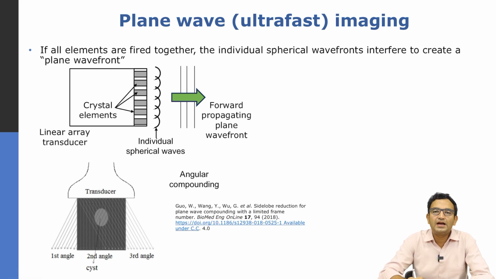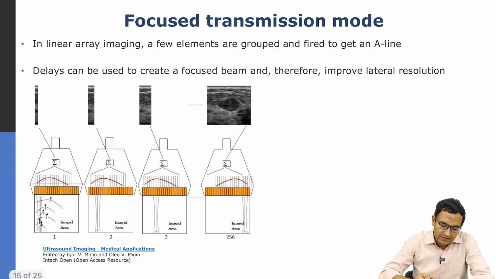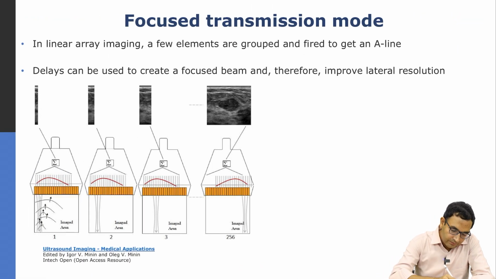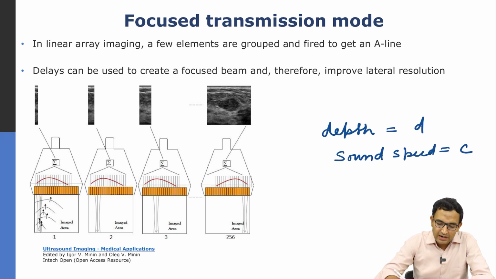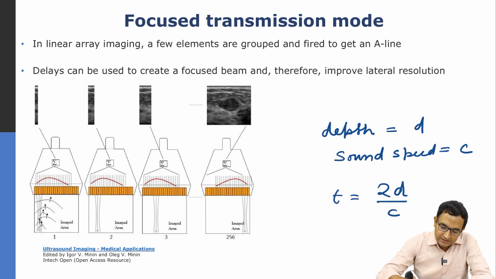Now, another way of creating images is what you call ultra fast imaging or plane wave imaging. In this case, if the depth of imaging is d and the speed of sound is c, then the time taken to reach and come back is 2d by c.